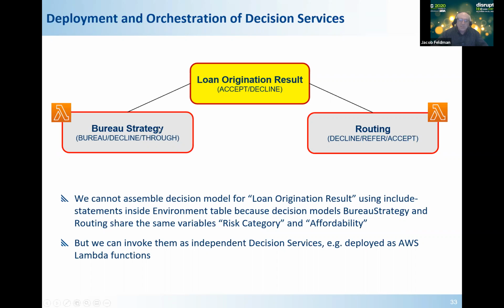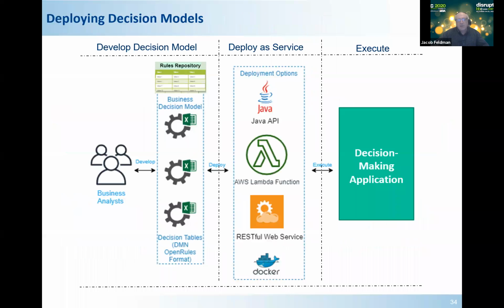So let's deploy bureau strategy and routing as two large separate loosely coupled services, as decision services on the cloud. And I will use by default, this symbol for AWS Lambda function. That's one of the target cloud environments. And in general, OpenRules has a push button mechanism for deployment.